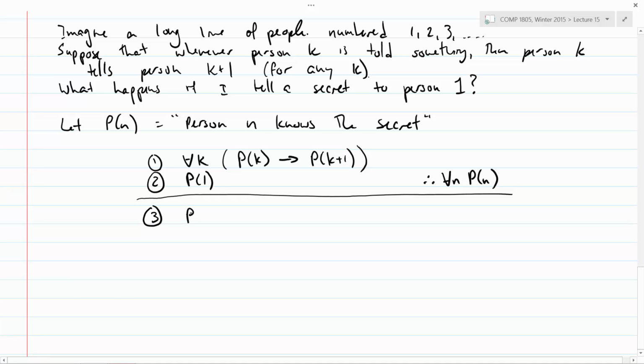And I'm going to instantiate with k equals 1. So I know that P1 implies P2. And that's by UI of 1. And I know that P1 is true. Therefore, P2 has to be true. And that's by modus ponens of 2 and 3.